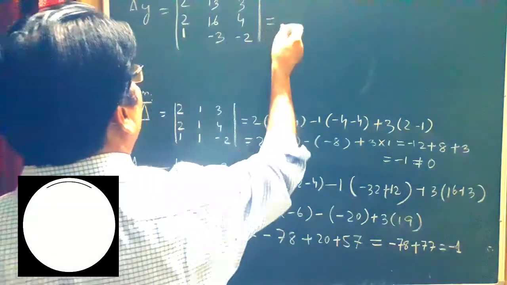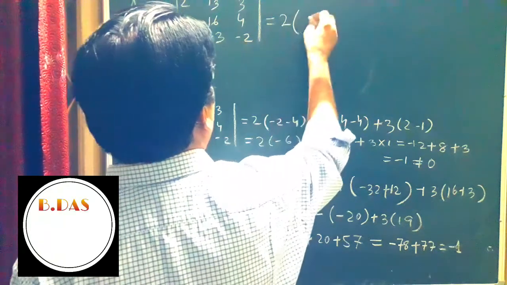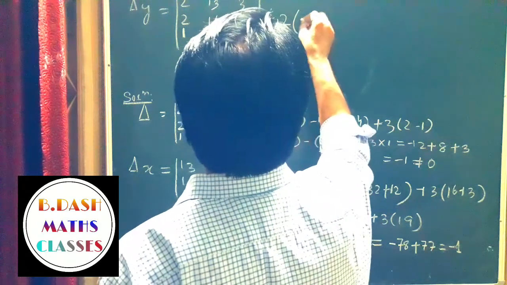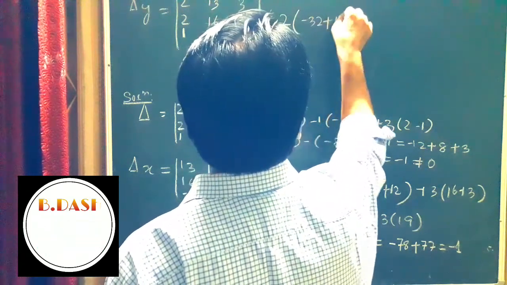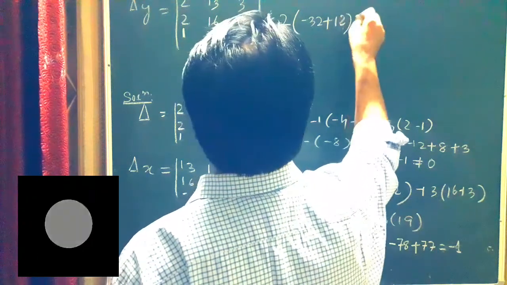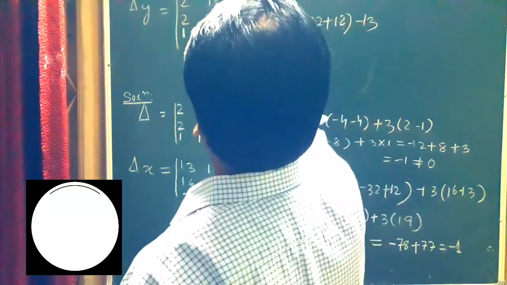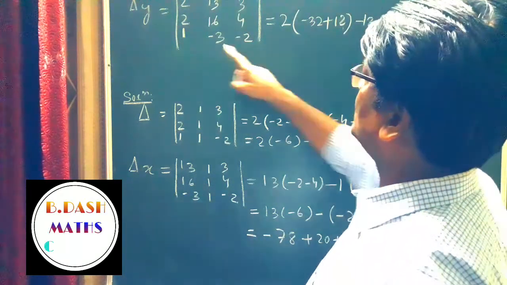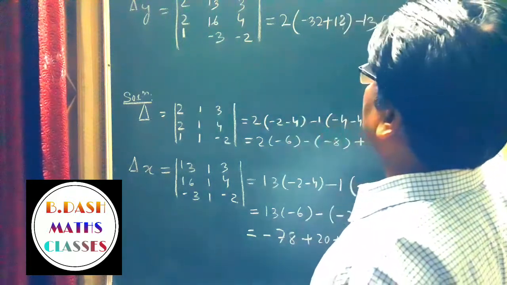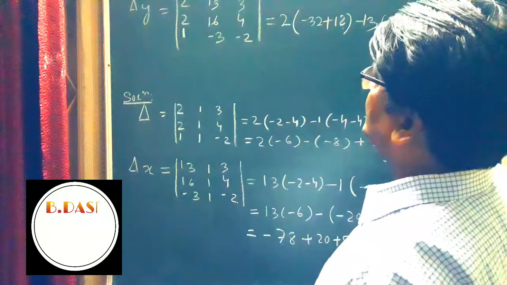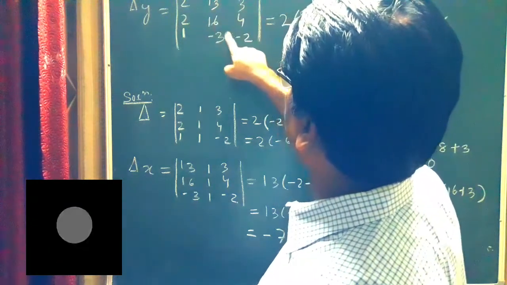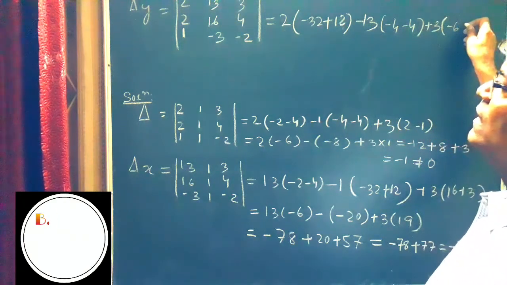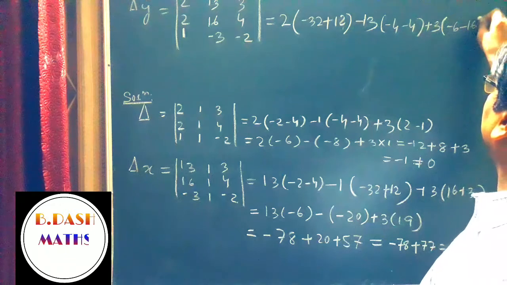So this equals 2 into (-32 - 12) - 13 into (-4 - 4) + 3 into (6 - 16).